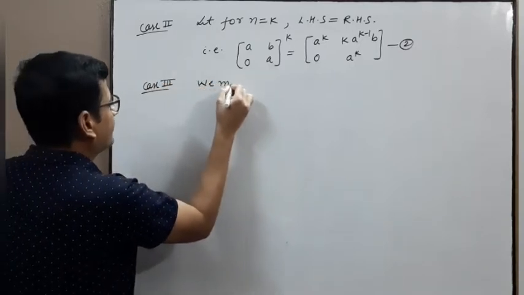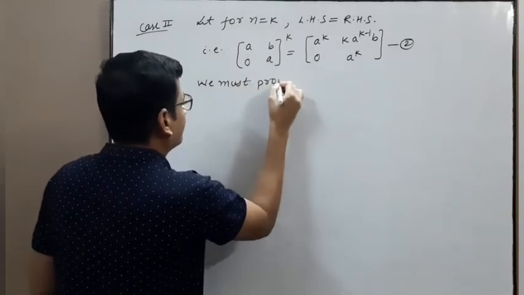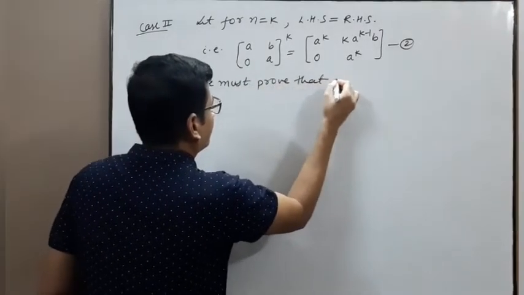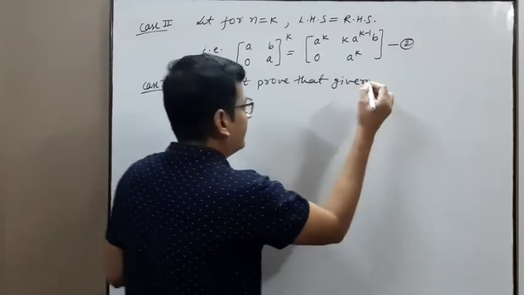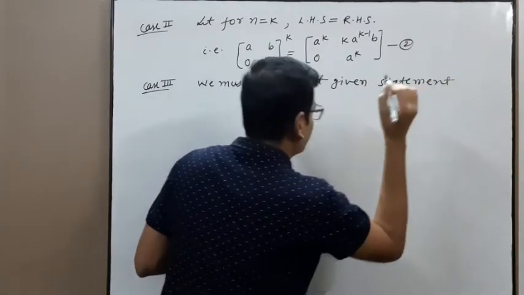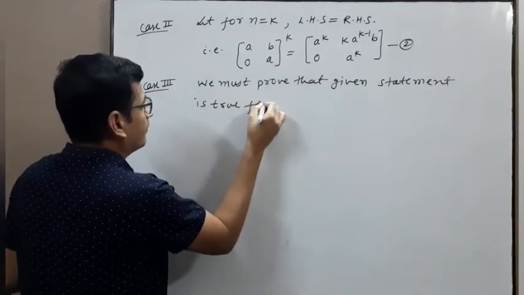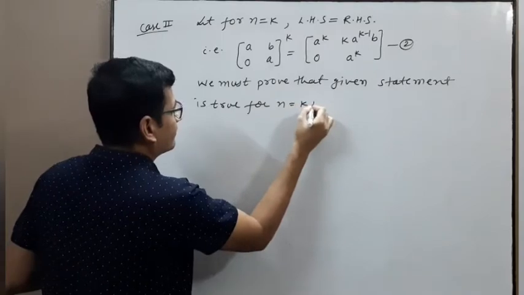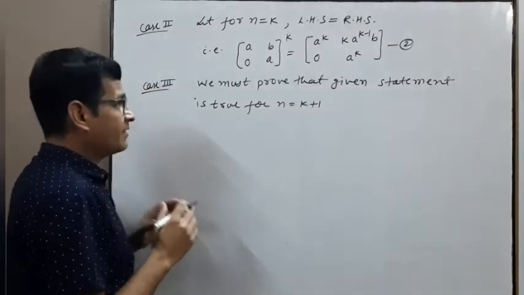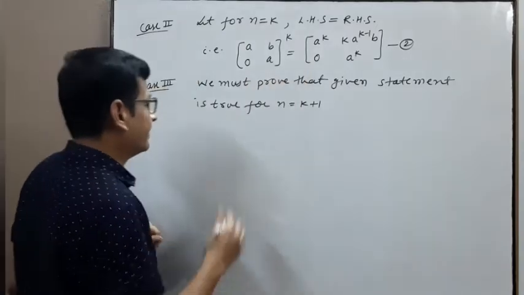We must prove that the given statement is true for n equal to k plus 1. That means the left hand side equals the right hand side.